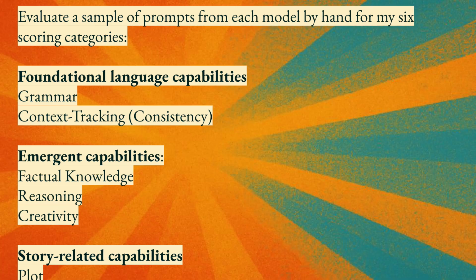But I think I'll have to do a little more work for those 3 emergent capabilities to figure out what I'm actually looking for and how I'm actually assessing whether a model's completion exhibits factual knowledge, or reasoning, or creativity.